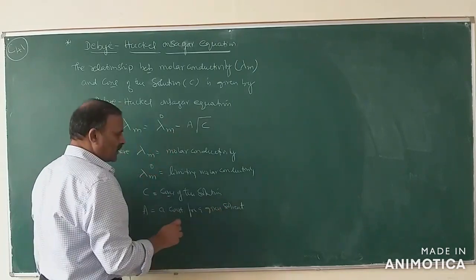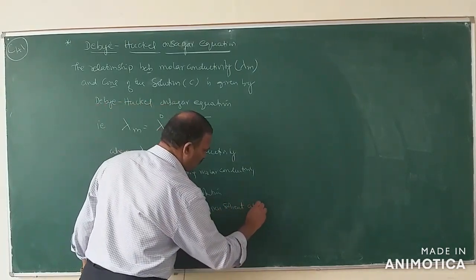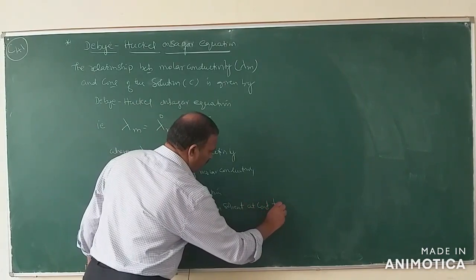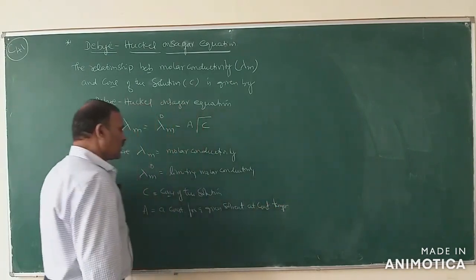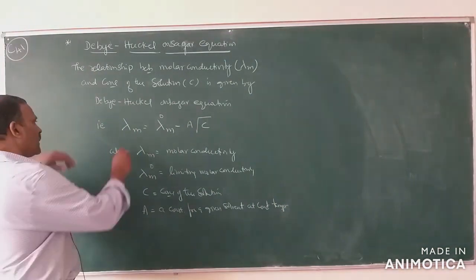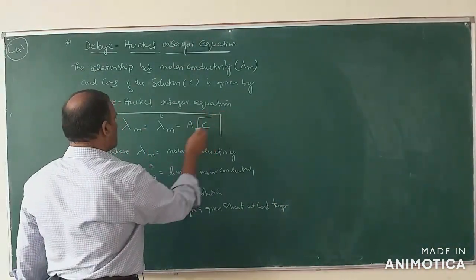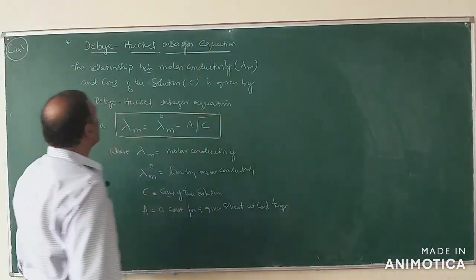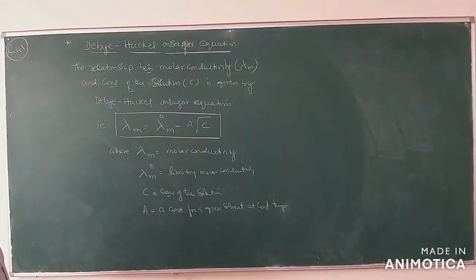A is a constant for a given solvent at constant temperature. So this equation is called the Debye-Onsager equation.